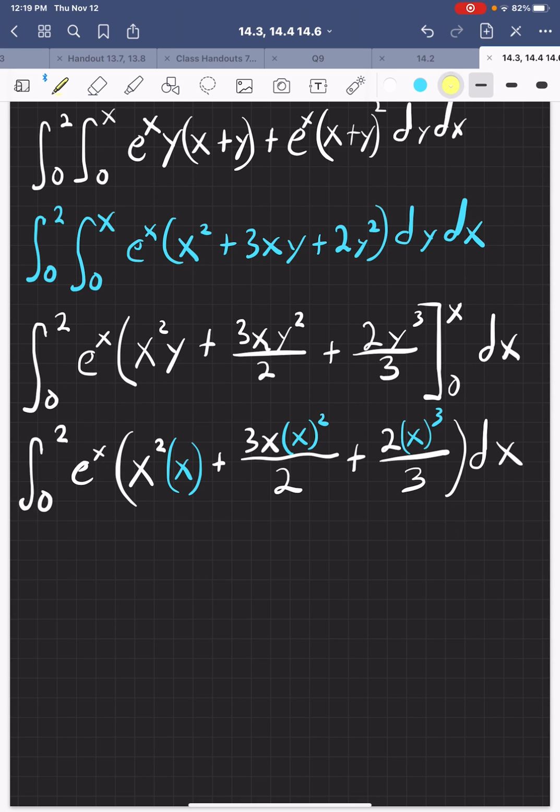So it should look like the following. All right. So now I have one more round of integration and then one more round of substitution.